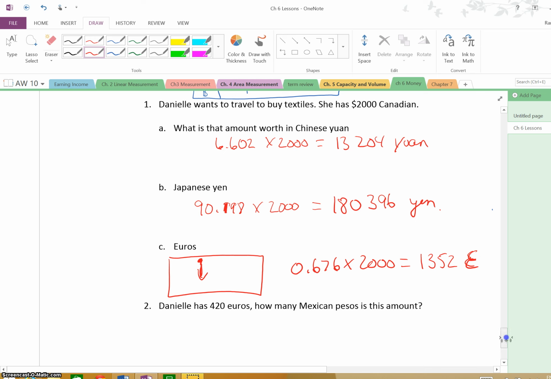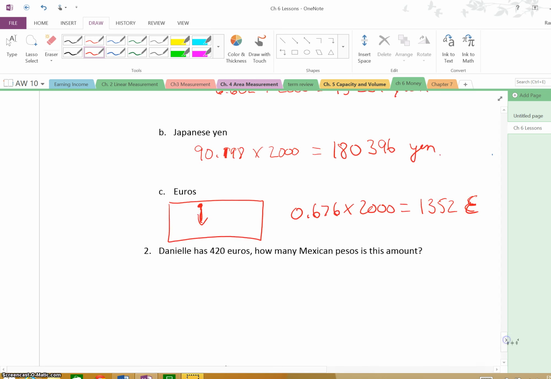All right. Now Danielle's planning a trip. She has 420 euros. How many Mexican pesos is this amount? So, again, I'm going to go along. She has euros. And when she goes down to a Mexican peso, it is 18.265.